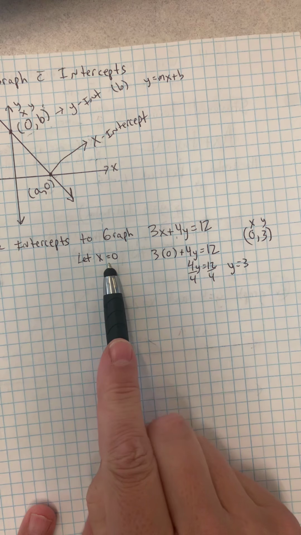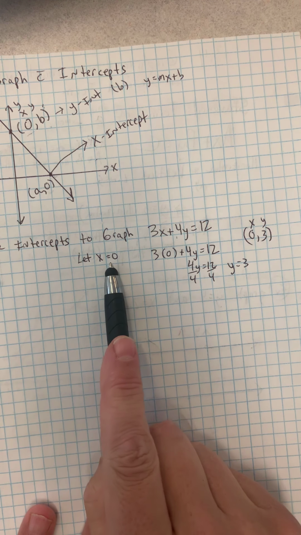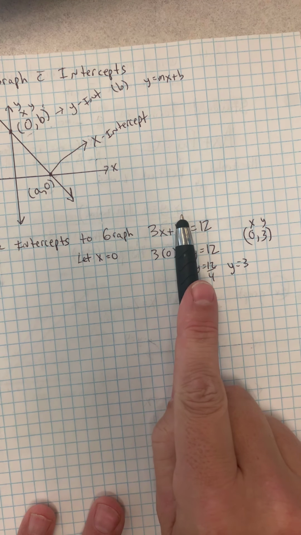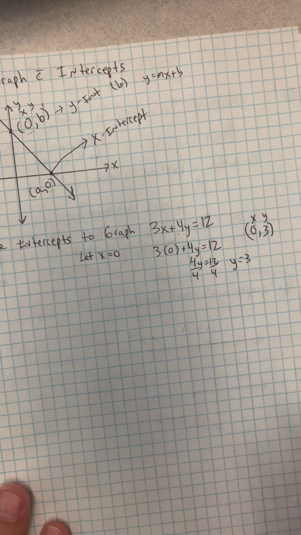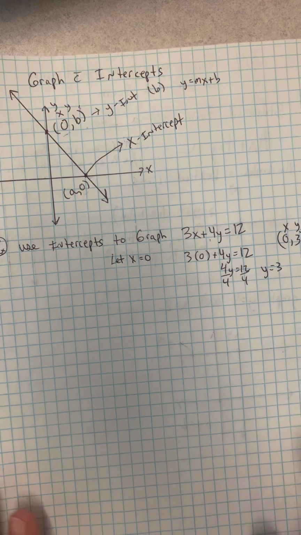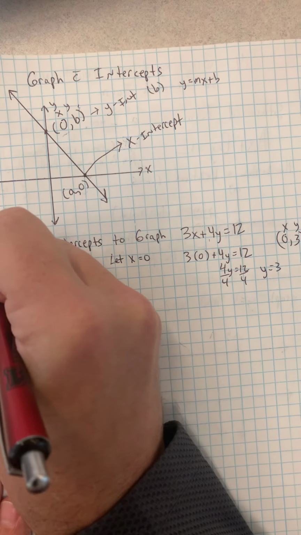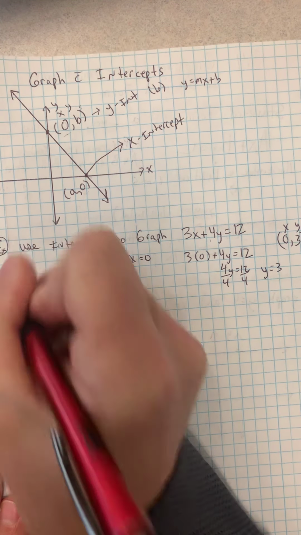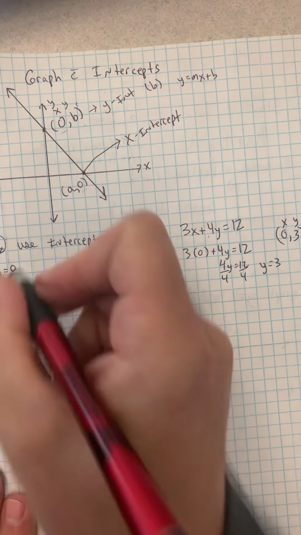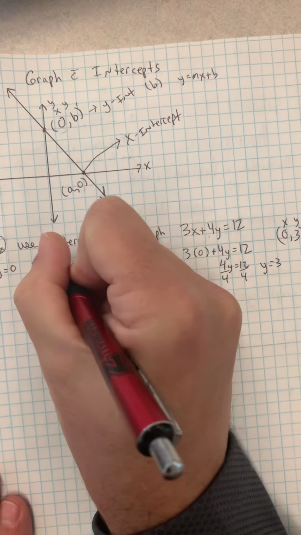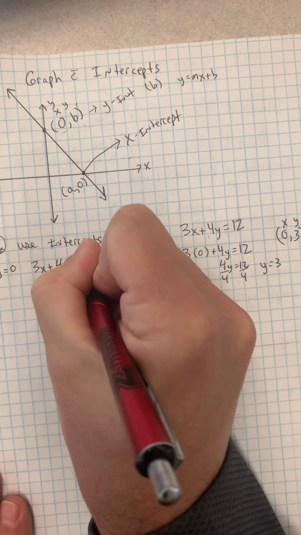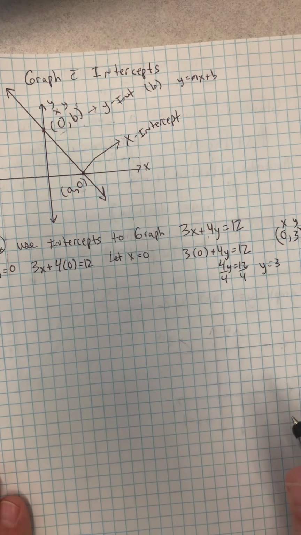Now if I let x equal 0, I can certainly let y equal 0, because then that would go away and I can find my x-intercept. So I'm going to say let y equal 0, which means I will leave my 3x plus 4 times 0 is equal to 12.